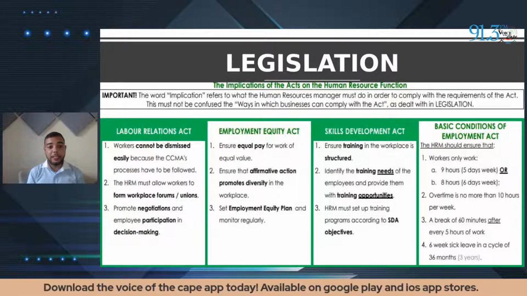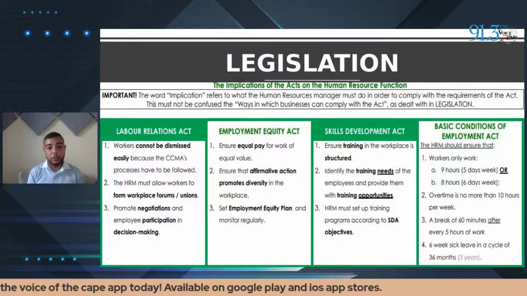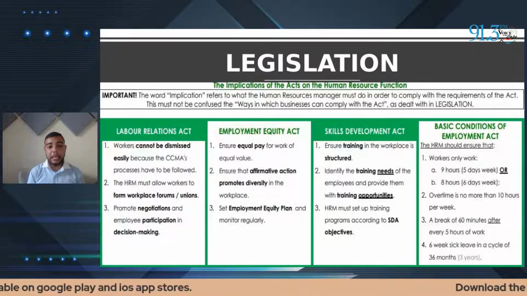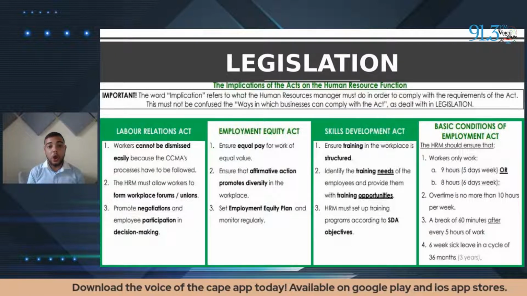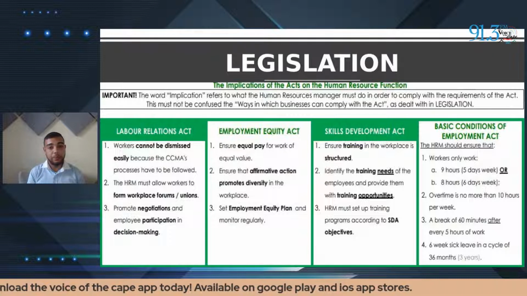The HR must allow workers to form workplace forums or unions, as well as promote negotiations and employee participation in decision making.